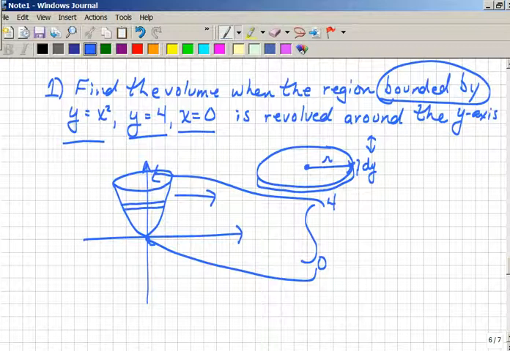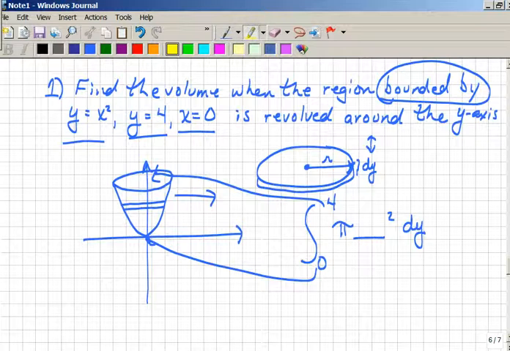The volume of the cylinder, again, is pi r squared, so it's pi r squared, we'll figure out what r is in just a second, and then the height of the cylinder is dy.